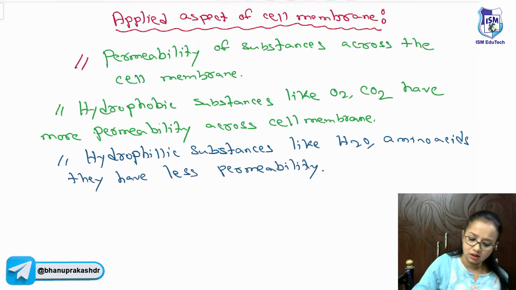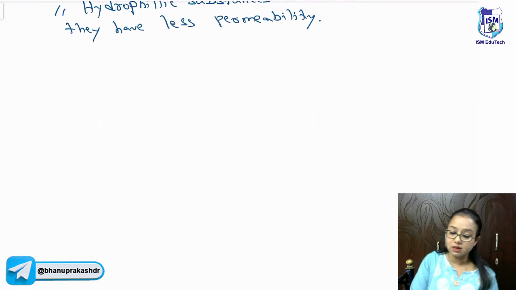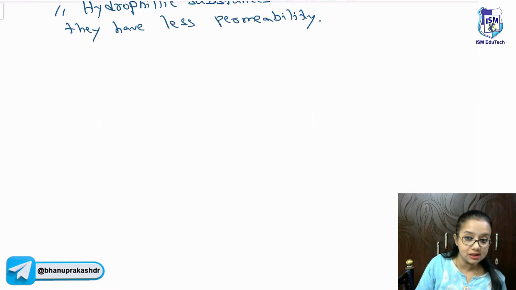This is one of the applied aspects of the cell membrane. But when a substance has to pass across the cell membrane, it does not only depend on how soluble it is, water soluble or lipid soluble.